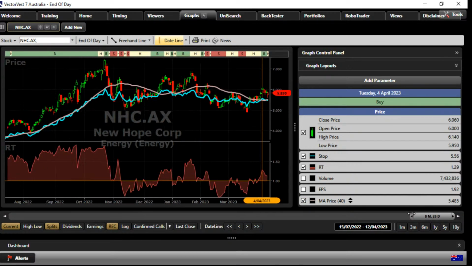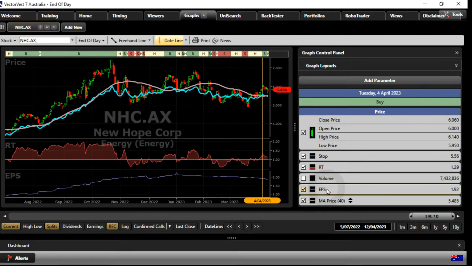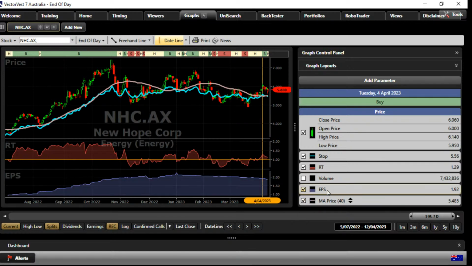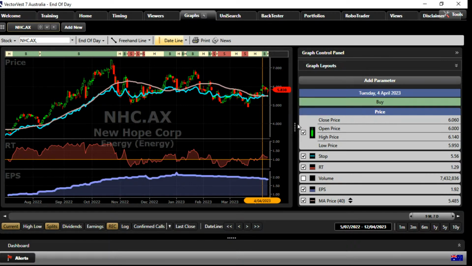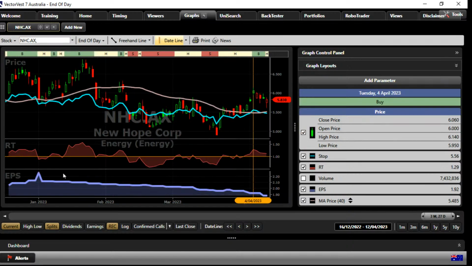But just a word of caution, put on your earnings. Remember, earlier in the previous hot topics of interest, we talked about what we were looking for when looking to buy a share. We want to buy shares that are rising in price with a rising set of earnings. At the moment, New Hope Corp has got a sliding set of earnings. The earnings are falling, so this would not be one that I'd be rushing out for right now.